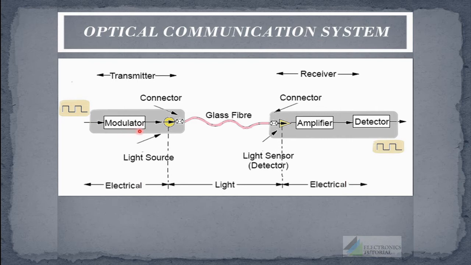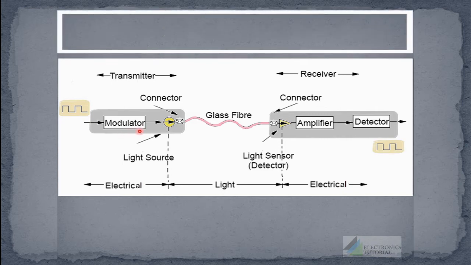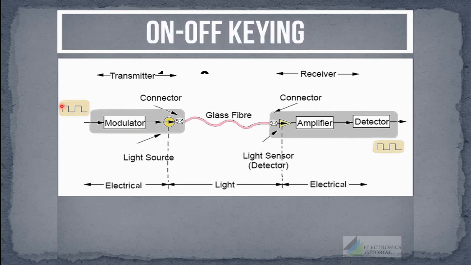The most basic type of modulation scheme for optical communication is the on-off keying method. In the on-off keying method, for transmitting a data 1, the data 1 can be represented by switching on the light source, and data 0 can be represented by switching off the light beams.